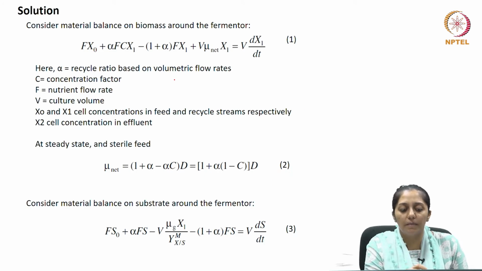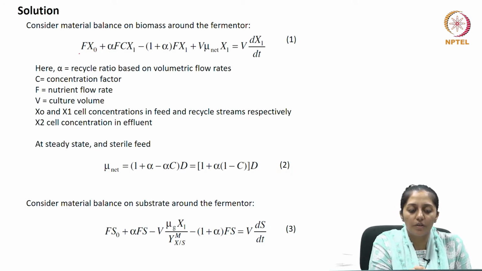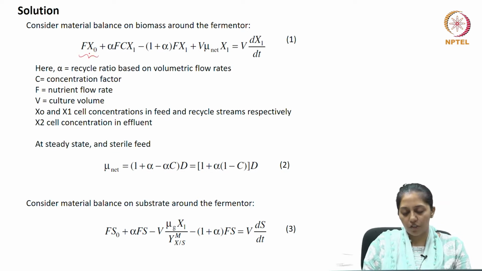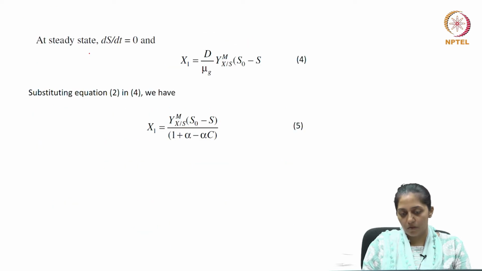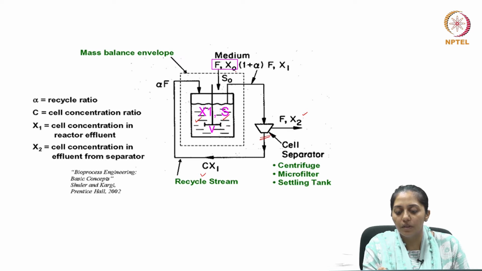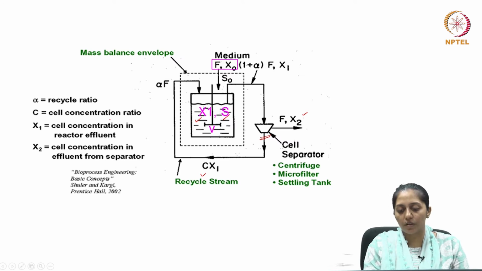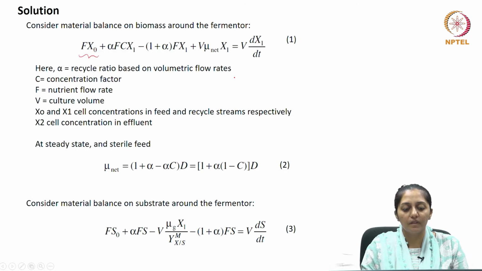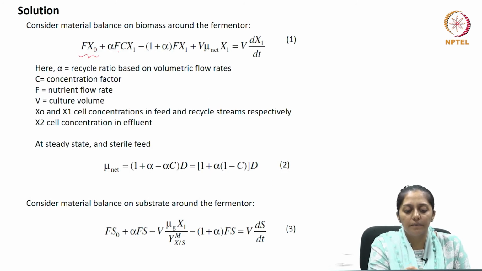If we do the material balance, then F X0 is the rate at which the biomass is coming inside the reactor. If you have noticed in the schematic, F is the flow rate of the feed inside the reactor and X0 has been denoted as the feed biomass concentration and S0 is the feed substrate concentration. So, this is the inlet term.